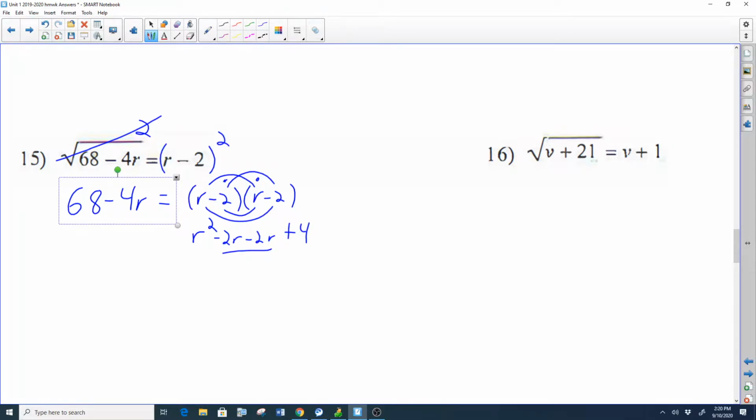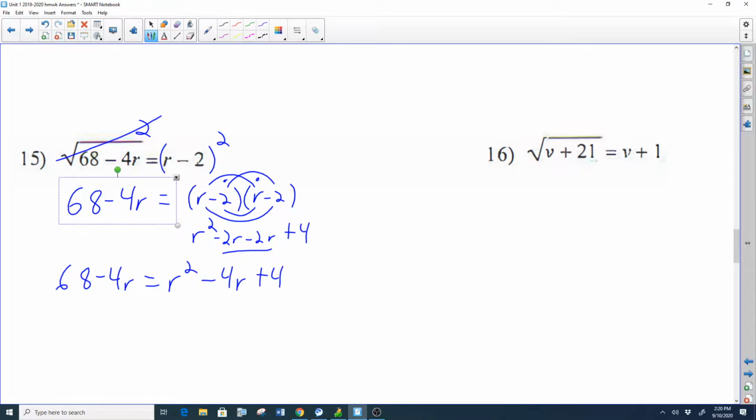They forget to combine those together and multiply that out. So now we're going to bring down our 68 minus 4r, and bring down our r squared. Then we have negative 2r minus 2r is a negative 4r, right? Combine those together.